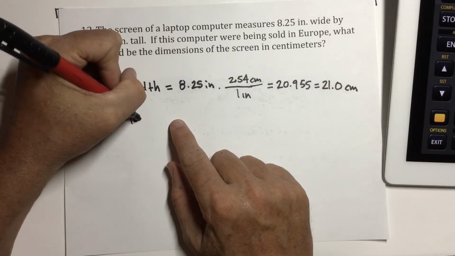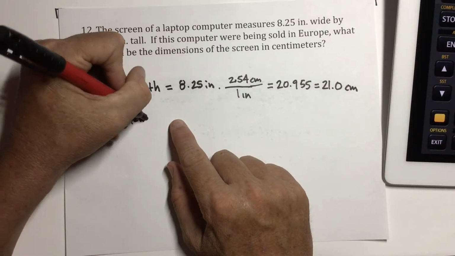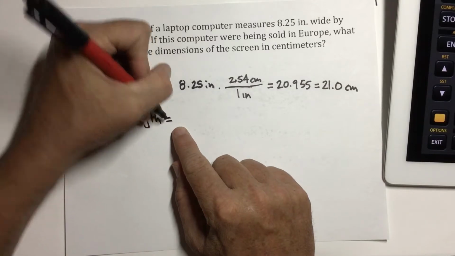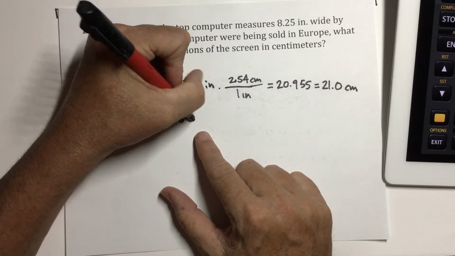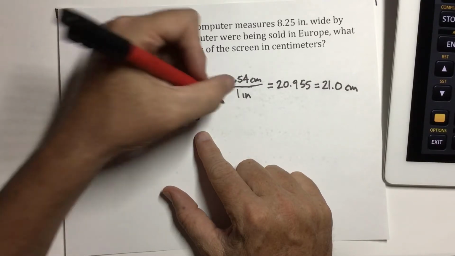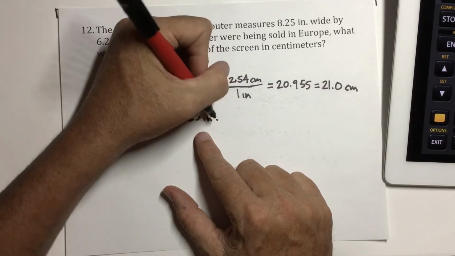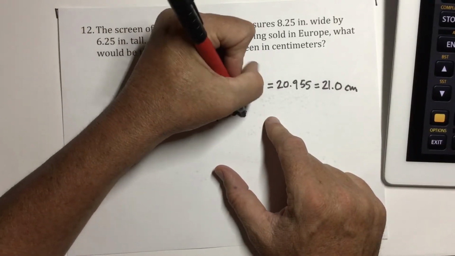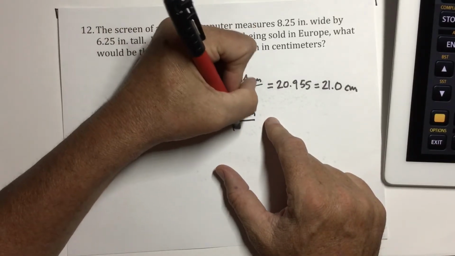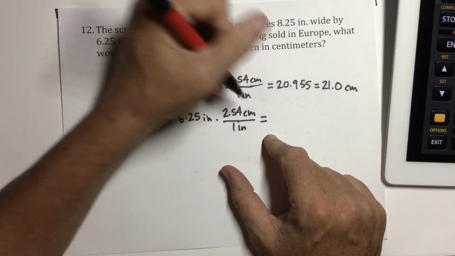Let's look at the length. The length is 6.25 inches. And again, 2.54 centimeters per 1 inch.